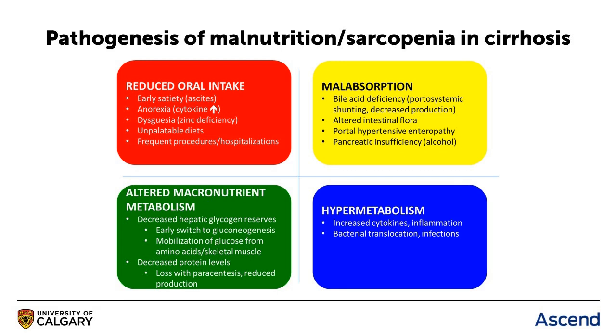So gluconeogenesis, I don't know if you guys all think back to your university days and biochemistry 200, gluconeogenesis is the production of glucose from non-carbohydrate containing products. So we take those amino acids from our precious muscles and build glucose units.